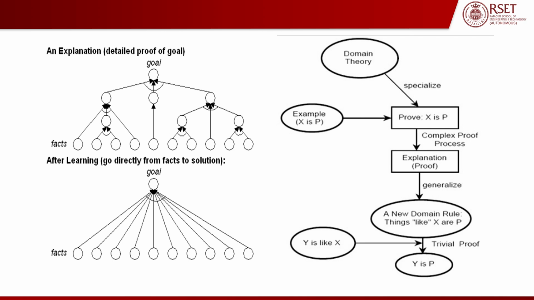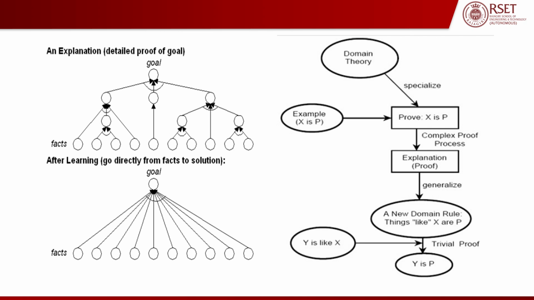In artificial intelligence, this represents a system that has knowledge but has not yet learned an efficient shortcut. After the learning process, that is the second diagram, the system can go directly from the facts to the goal without repeating all the intermediate steps. That is, the learned knowledge acts as a combined rule. For example, in a real life situation, like trying to learn multiplication, what will you do?